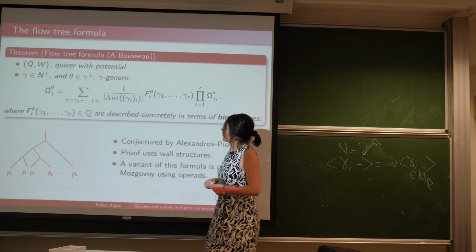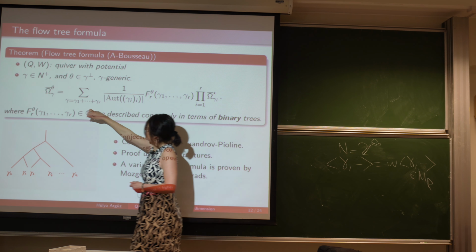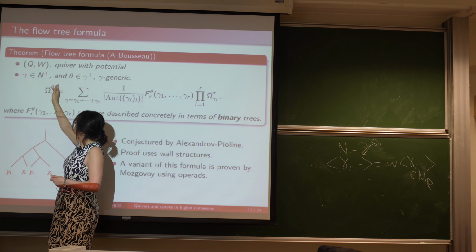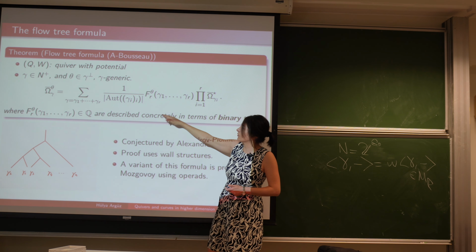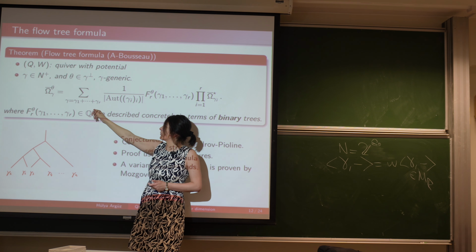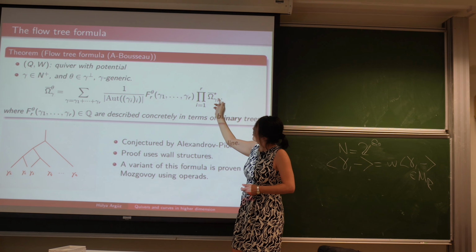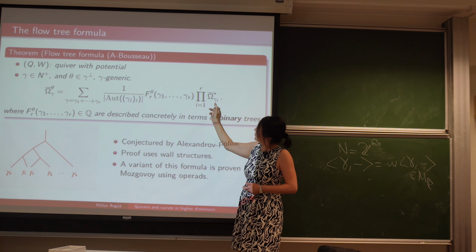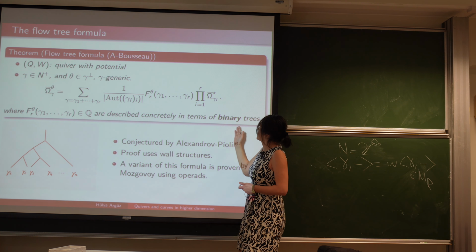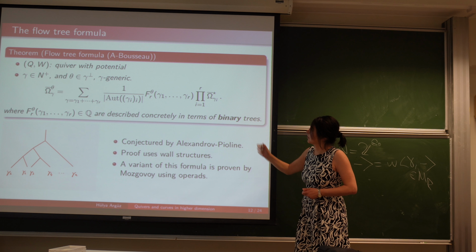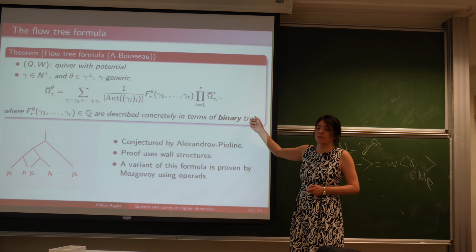So the conjecture says that if you fix your dimension vector and stability parameter, any quiver DT invariant can be expressed as a linear sum over all the compositions of your dimension vector gamma of attractor DT invariants for gamma_i, where the coefficients can be described in terms of binary trees. So the difference here is binary trees.